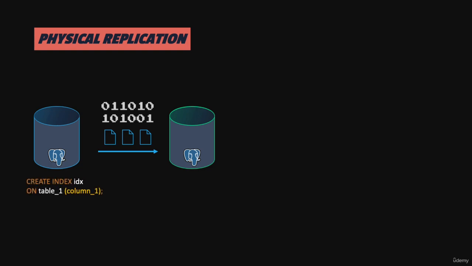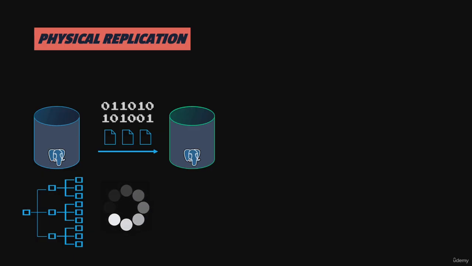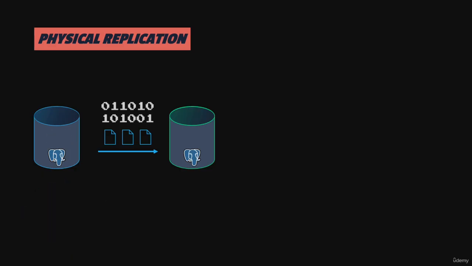For example, if an index is created on a table, it's not the create index command that is sent to the standby, but instead all the modification involved in creating an index, which can be huge sometimes. This can create excessive load on the network and can become a bottleneck for a system that is under heavy load. Since in physical replication everything is transferred, we can't choose to simply run the same command on the replica.